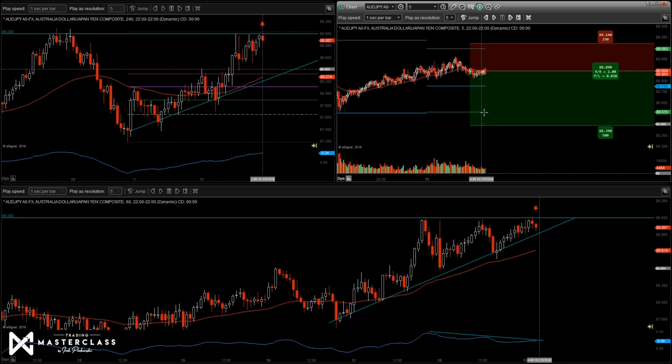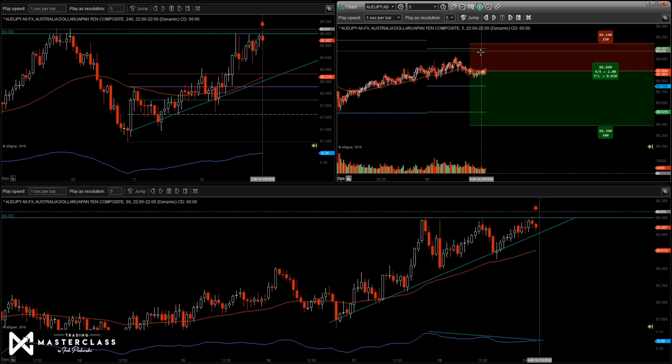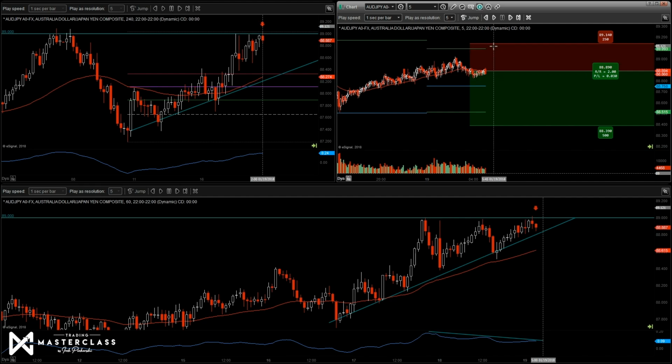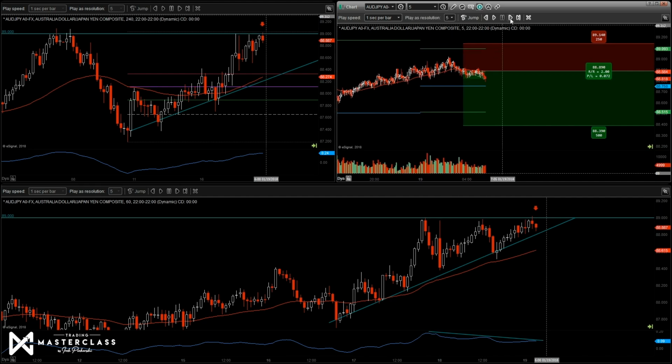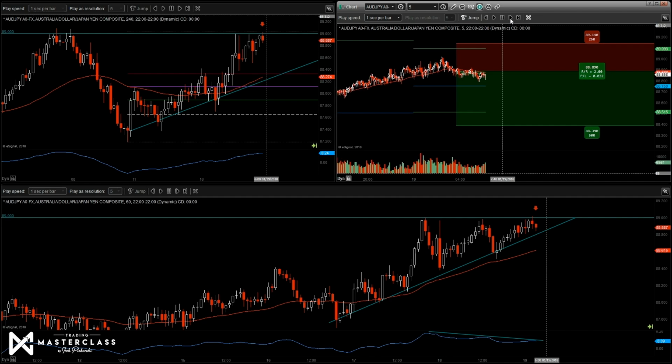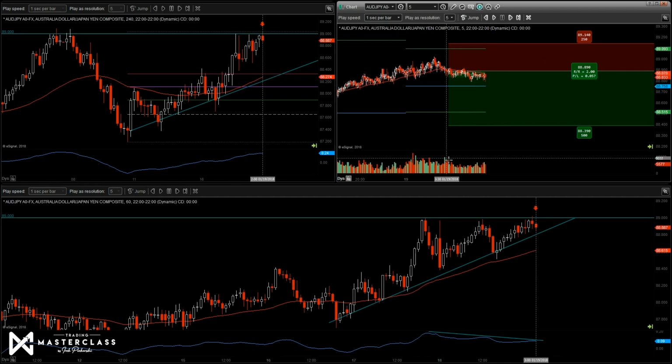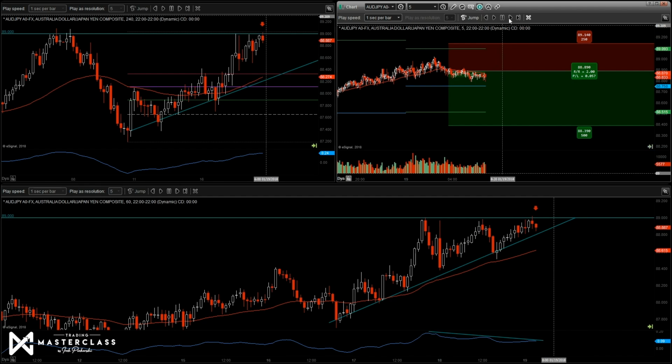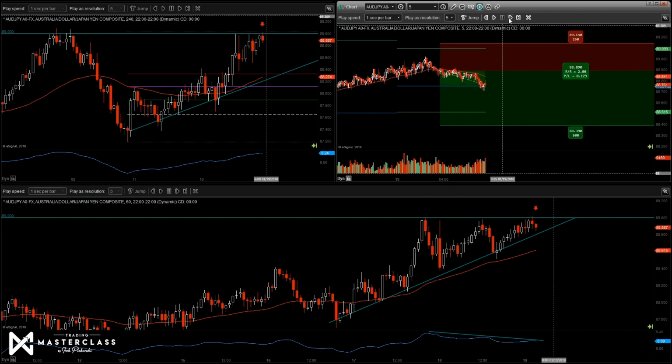A lot of times you might be able to squeeze 3% out of the position with a tighter stop loss, but to me, it's better to have a 2-to-1 and a wider stop loss. So let's fast forward. We're just chopping around there. You see volume slow down a little bit, but now it's picking back up.